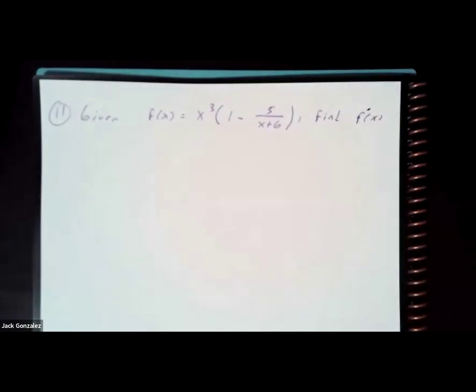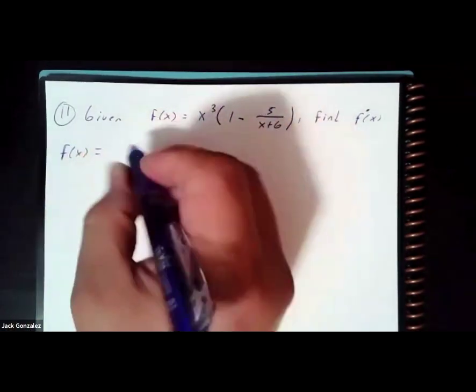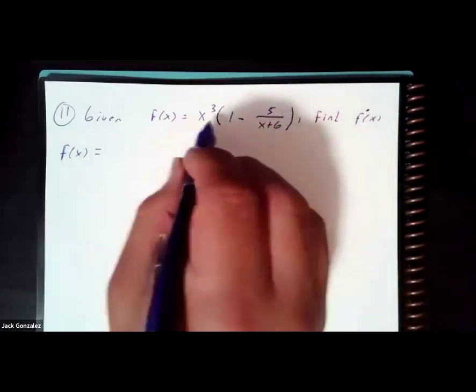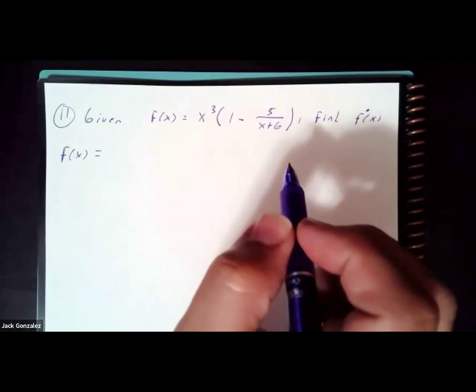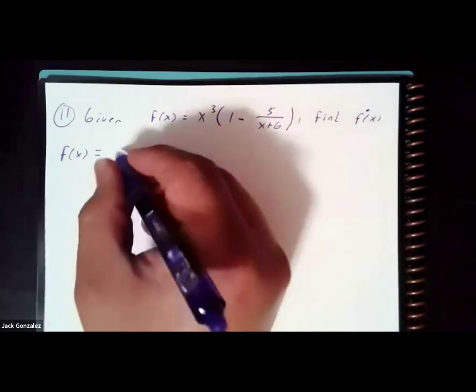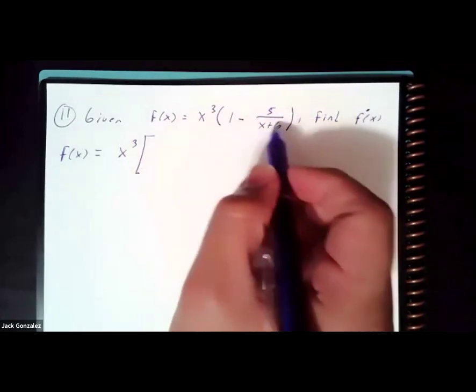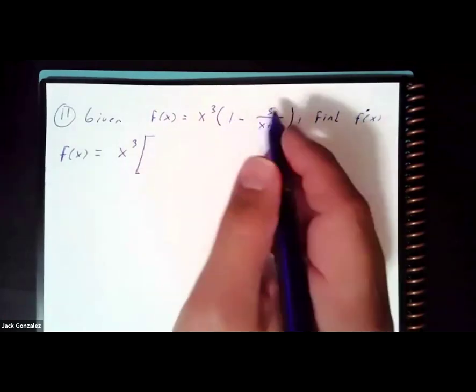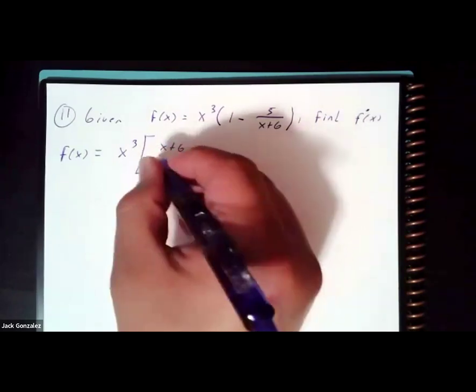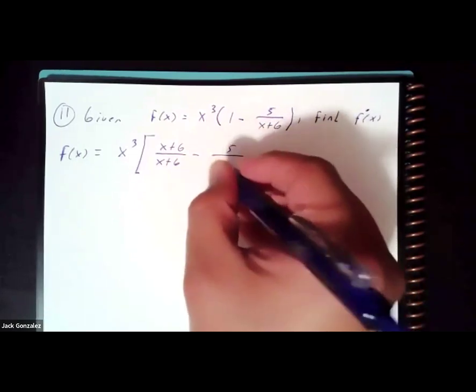Okay, so find the derivative. So first, let's rewrite it. I think distributing this x cubed and combining it into one fraction would be better. So what I'm going to do is first combine it and then multiply. I feel like you'll see that better. So 1 minus this as one fraction would be x plus 6 over x plus 6 minus 5 over x plus 6.